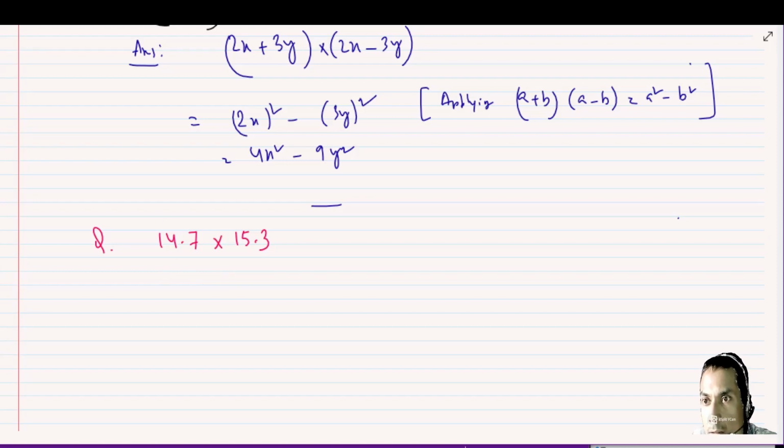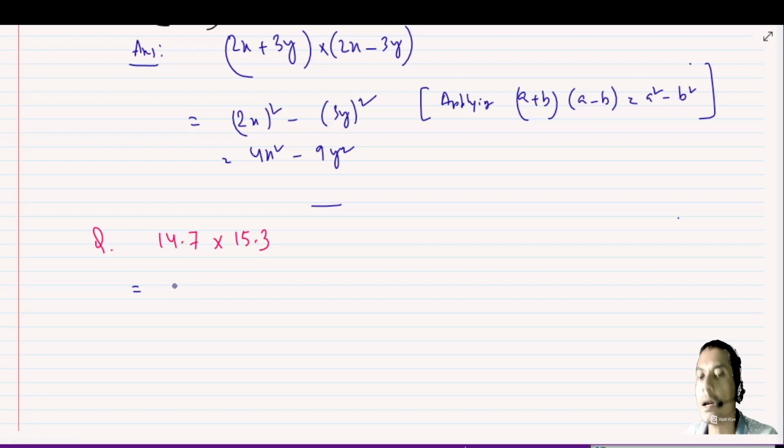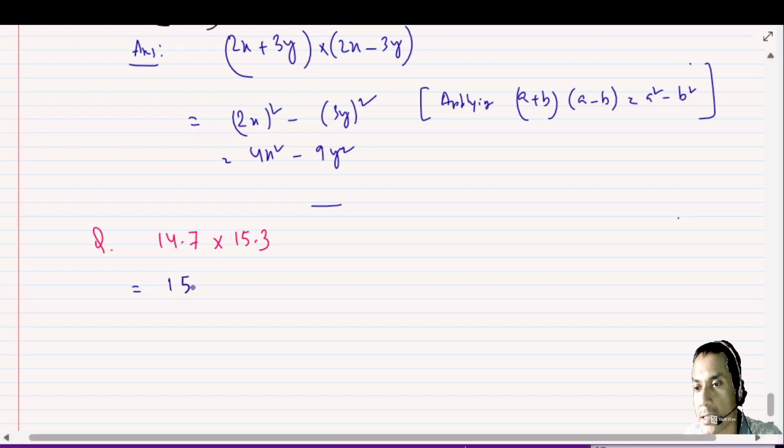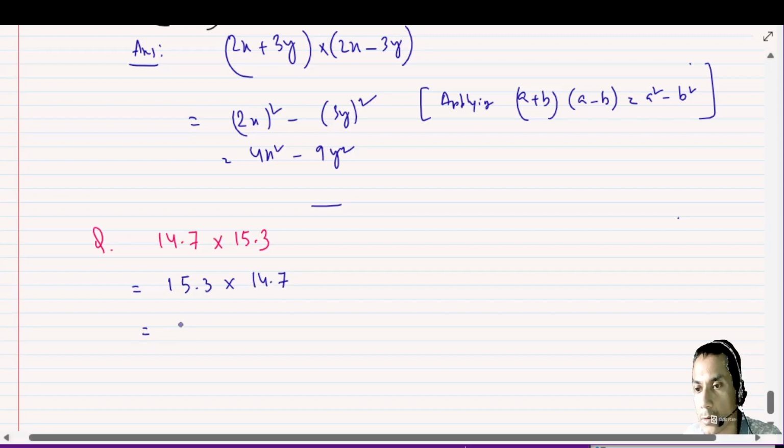So you have to find out how we can do that. You rearrange it, 15.3 as the first position, then 14.7 as the second position. Then it is (15 plus 0.3) multiplied by (15 minus 0.3).